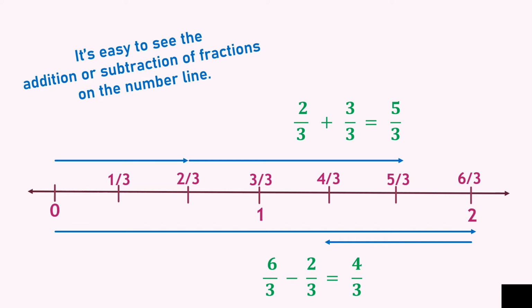At the bottom, we began with the segment the length of 6/3. We then counted back a unit of 2/3, performing the subtraction 6/3 minus 2/3, and found that the result was 4/3.